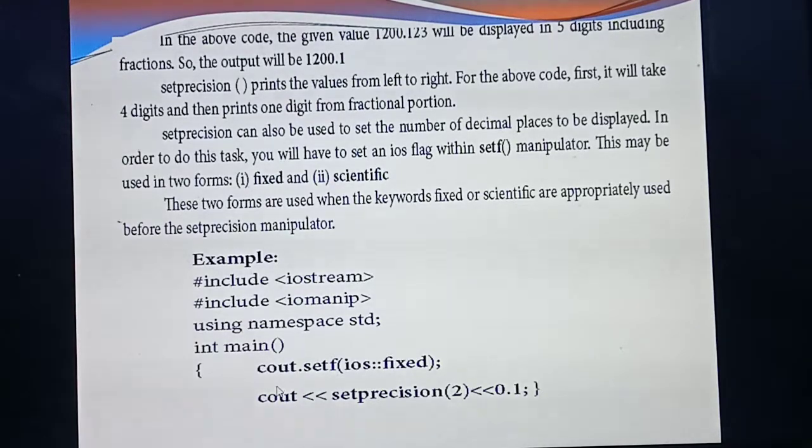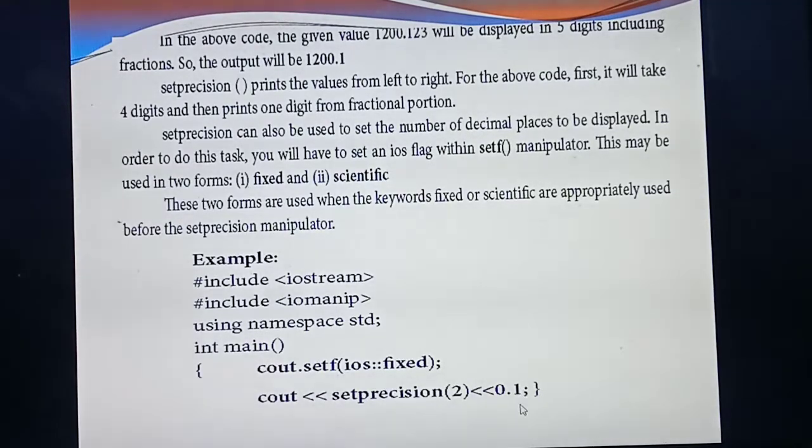Setiosflags means after the decimal point. Okay, after the decimal point you are going to display how many digits? 2 digits. Okay. The input number you are giving is 0.1. So after the decimal point how many digits are there in total? Only 1. But you have given set precision of 2. So what output will you get? 0.10. So after the decimal point you need to display 2 digits, but the input you are giving has only 1 digit.